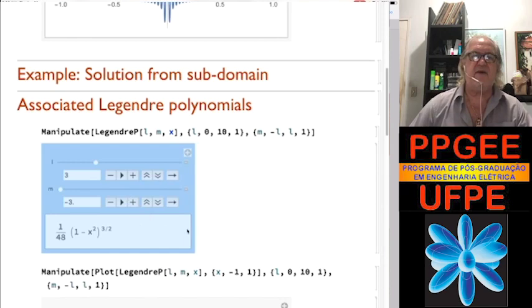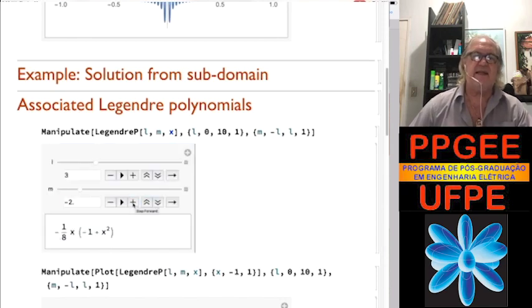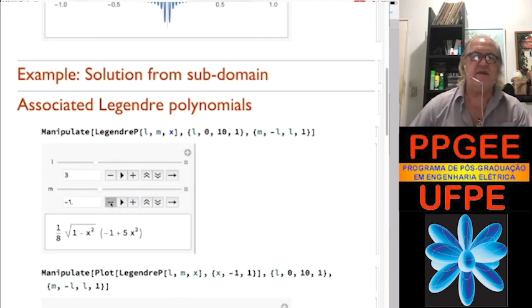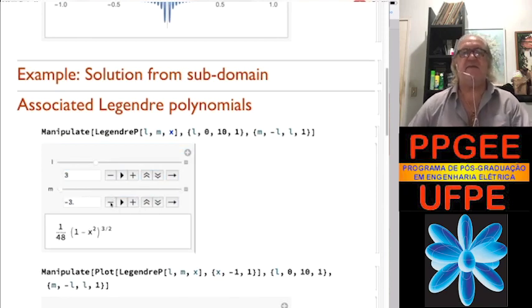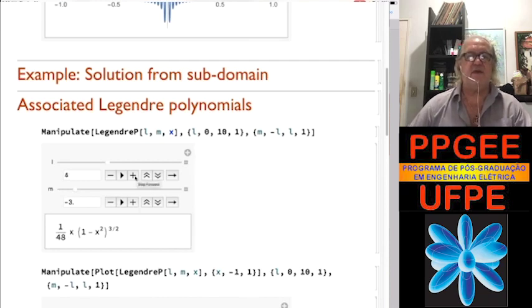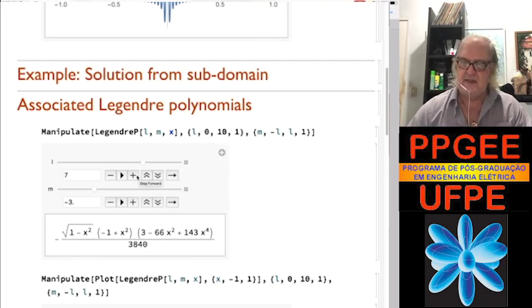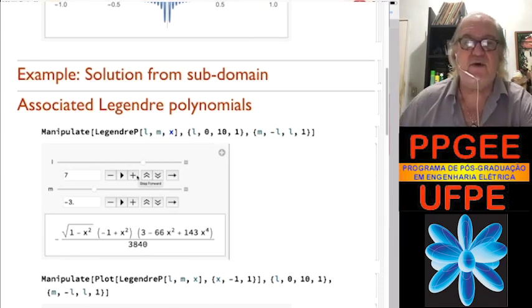They are not the same, but they are replicas, one from the other. Minus 15, same function. 48, same function. And so on, right? You can go and calculate other functions. Let's go back here.